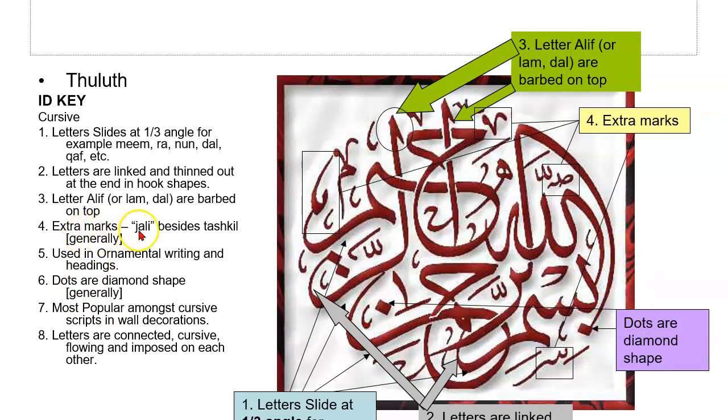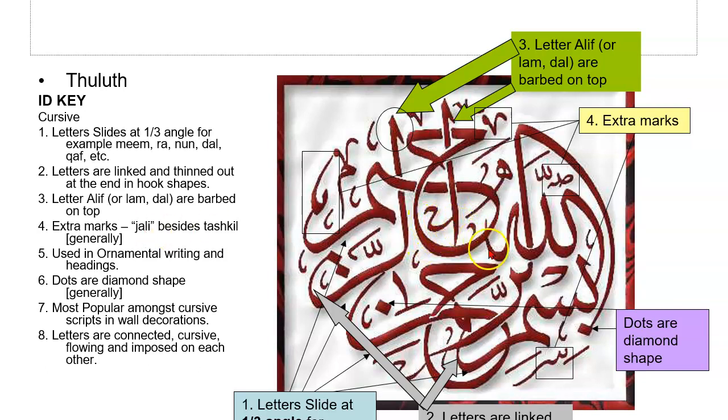Extra marks, this is in general, you would find that this pattern is filled with intricate style, like intricate details, and that's usually an adornment or jelly or jali, right? That's depending on how you pronounce it. It's actually jelly, and that's ornamentation of the calligraphy.